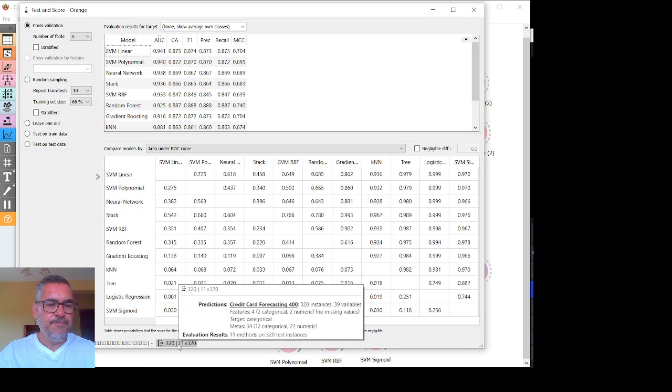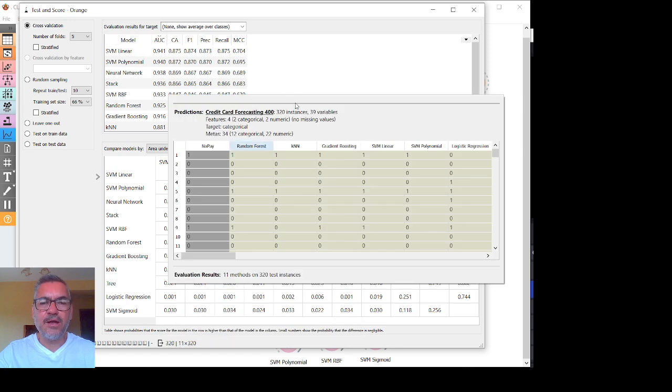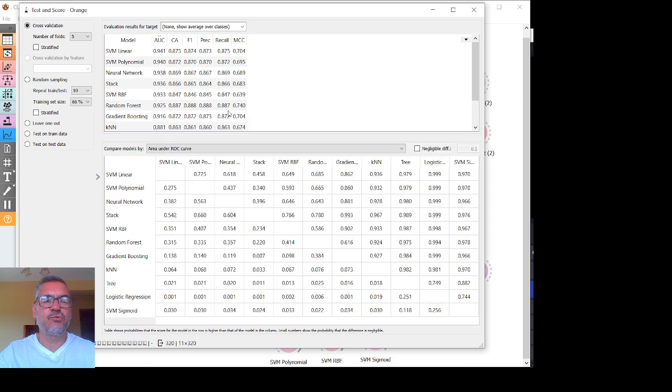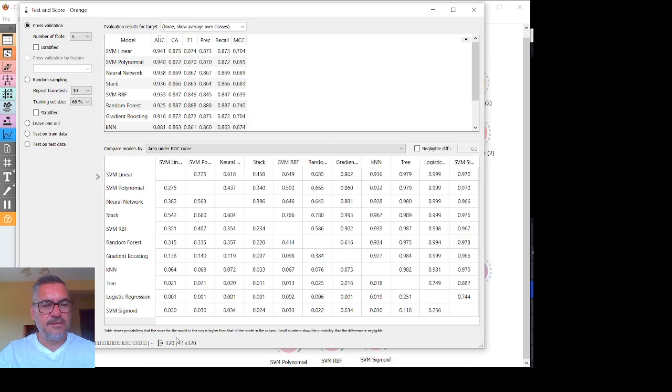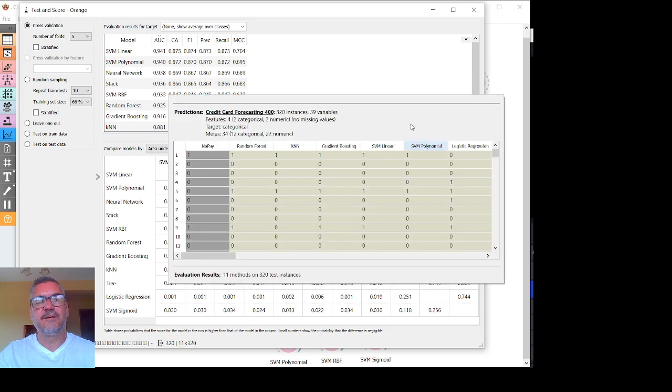If we press here, now we can get the actual forecast from each one of the models. Okay, as you can see, here. Now, for example, this is the first observation. This is the actual value, and this is what the random forest model predicted.